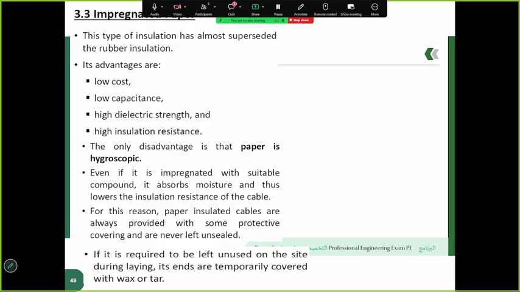Its primary advantages are low cost, low capacitance, and both high dielectric strength and high insulation resistance. The main drawback of paper, however, is that it is hygroscopic. This means that it can absorb moisture, which then lowers its insulation resistance, even if it is impregnated with a compound.